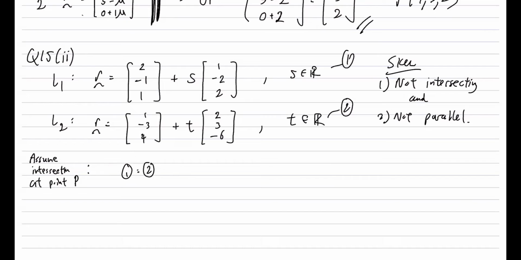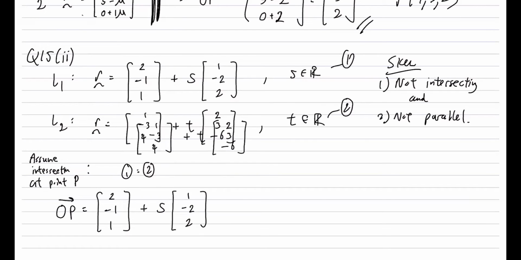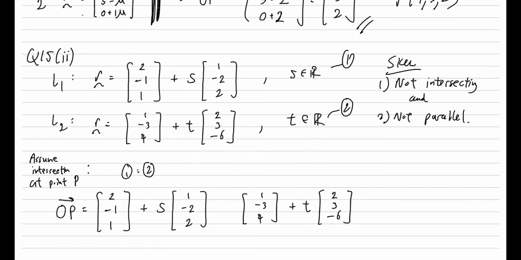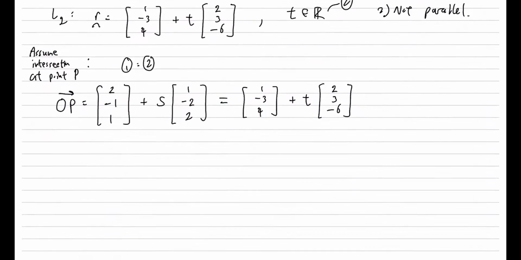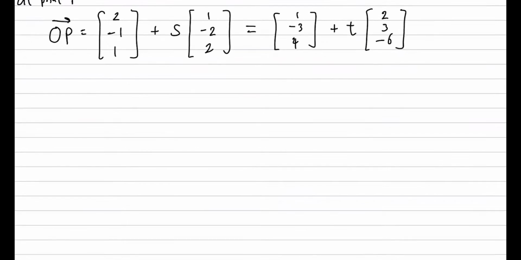Then we should be able to get a vector OP, which is our vector r. But the vector r is just (2, -1, 1) plus s times whatever, and (1, -3, 4) plus t times whatever. Equate them together. What we need to show is that they don't intersect, so we need to get something that we call an inconsistent system. Means we'll get a nonsense equation in terms of s and t. Let's see what happens.